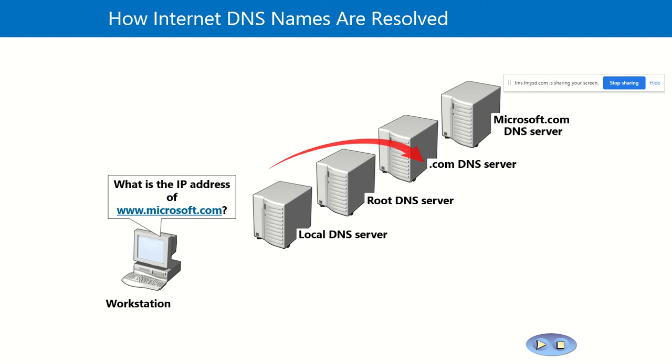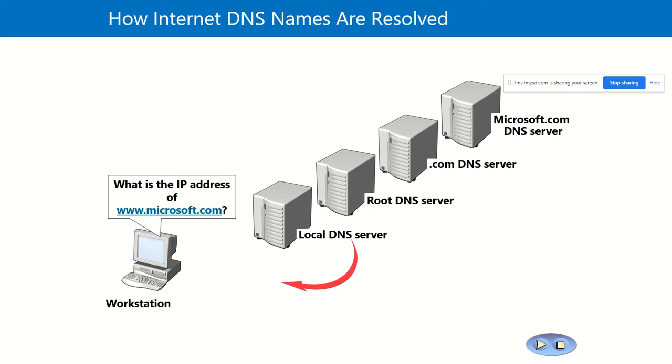So .com knows where Microsoft.com is, and gets to the Microsoft.com DNS server, then finds out the IP address and sends the IP address of Microsoft.com down to the local DNS server. And the local DNS server eventually sends the IP address to the client.